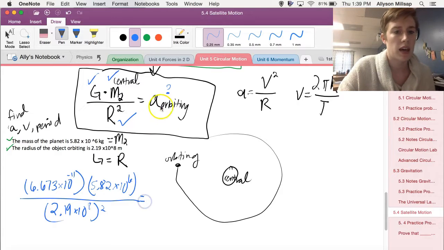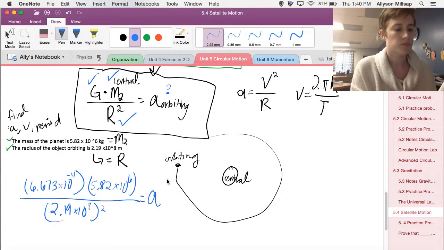Okay, and I'm going to get the acceleration of my orbiting object. So here I go. Let's type it all in, and divide it.